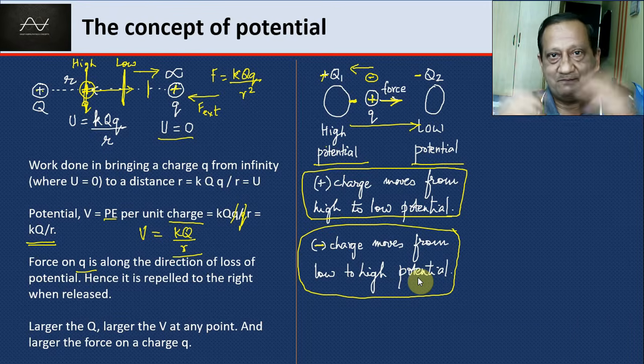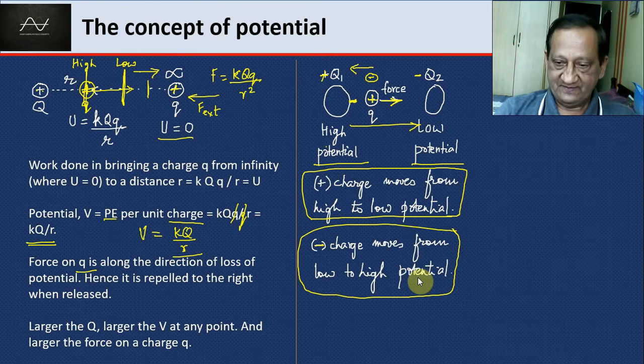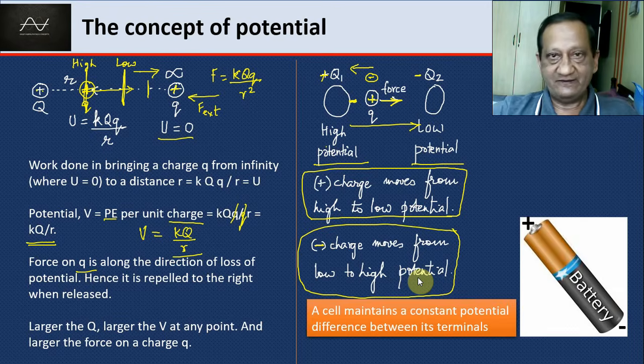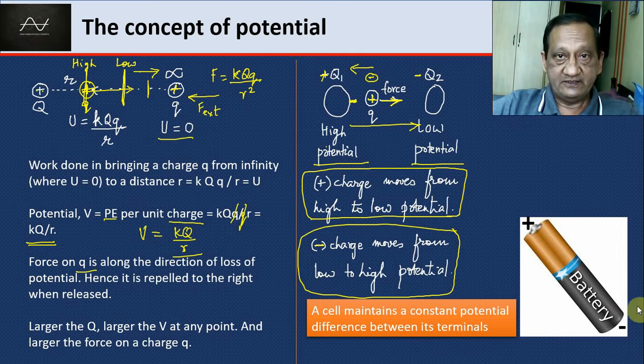And that is what a battery or a cell does. This is a very familiar dry cell. You know, this metallic cap is the positive terminal, the bottom surface is the negative terminal. And if you connect up a bulb across this, the current flows.